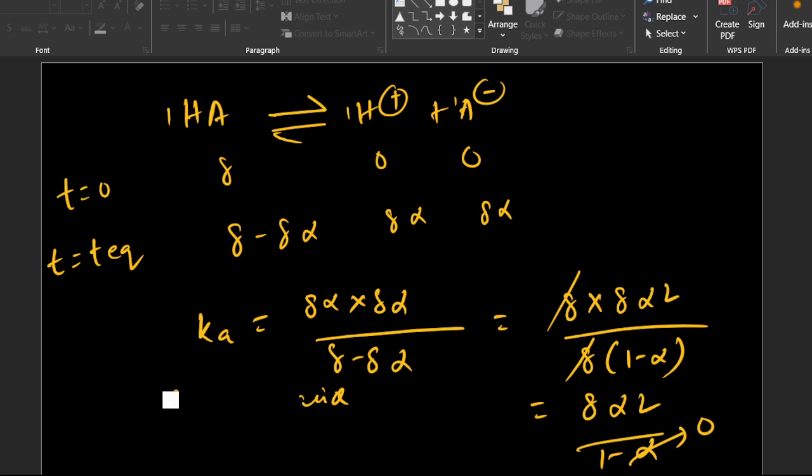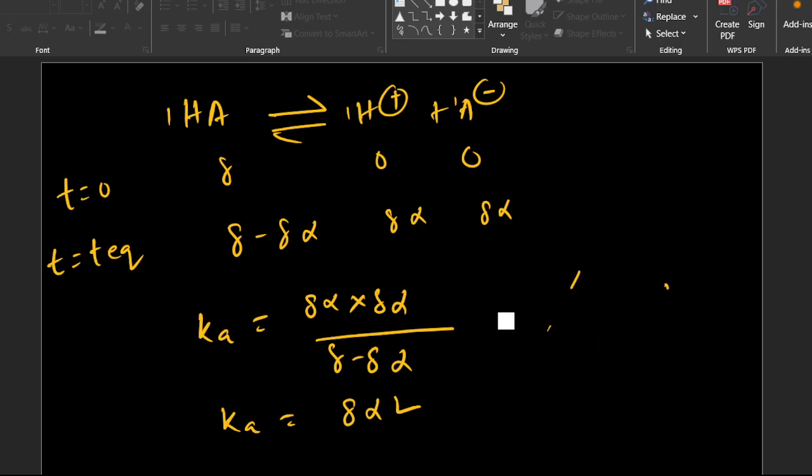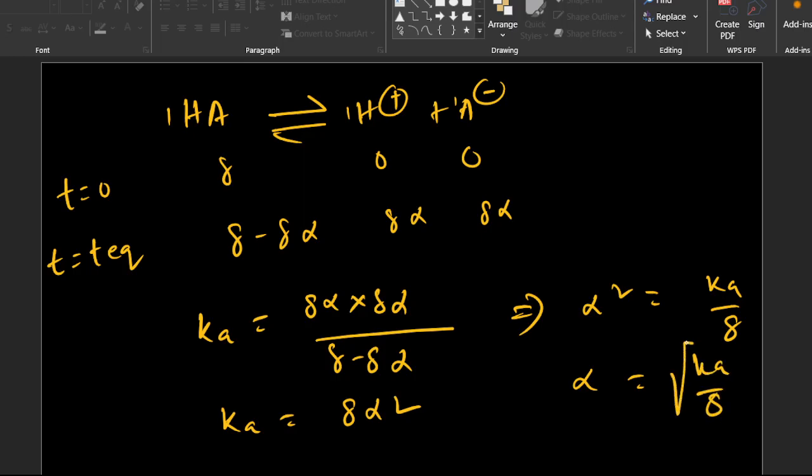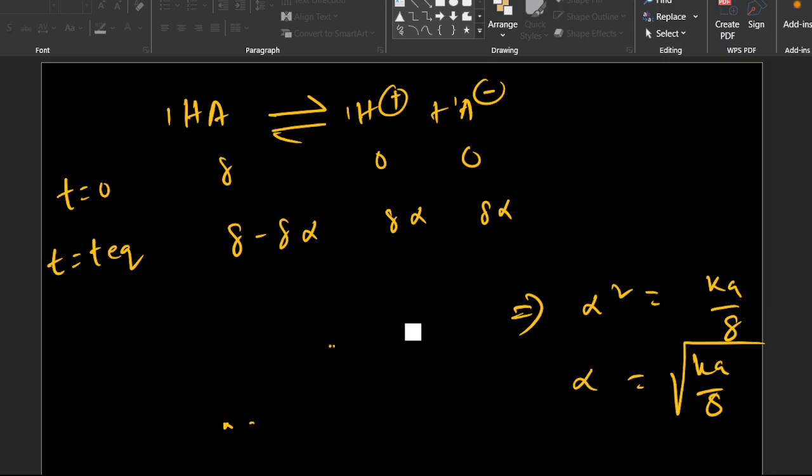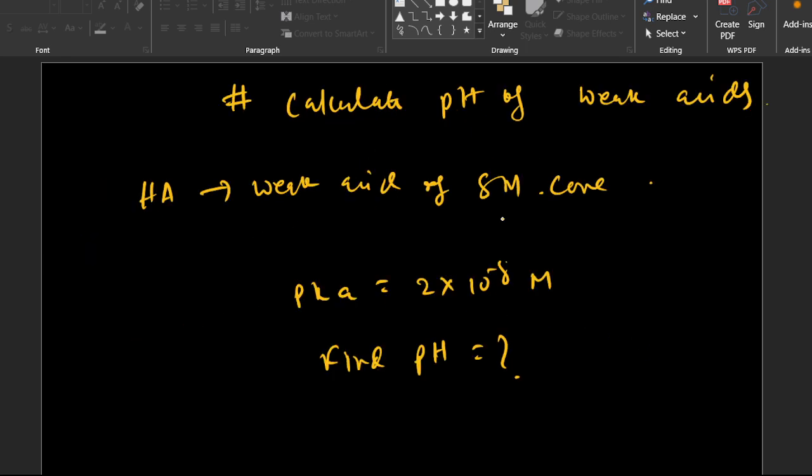So Ka becomes C alpha square, so alpha square equals Ka by C, and alpha equals the square root of Ka by C. Ka is given as 2 into 10 raised to minus 8, so put this value.